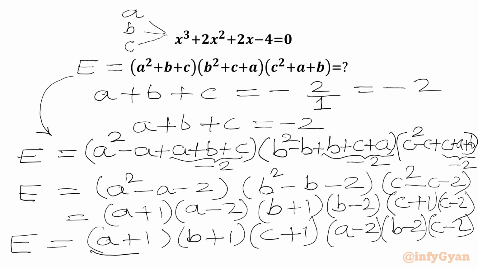Now we have to find these two products separately. Let us say this cubic polynomial is our P of x.